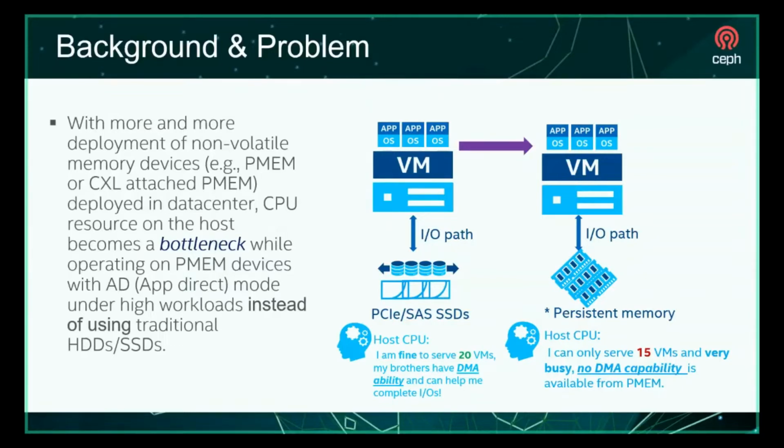So it means that with those devices deployed in data center, CPU resources on the host will become a bottleneck while operating on those persistent memory devices, especially, for example, with the application direct mode usage. It means that you can treat those devices which are attached in the DIMM as persistent storage.